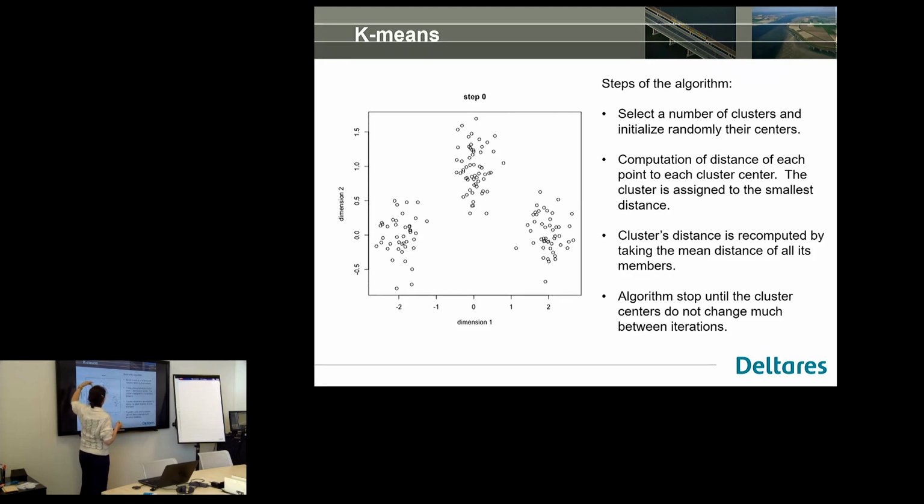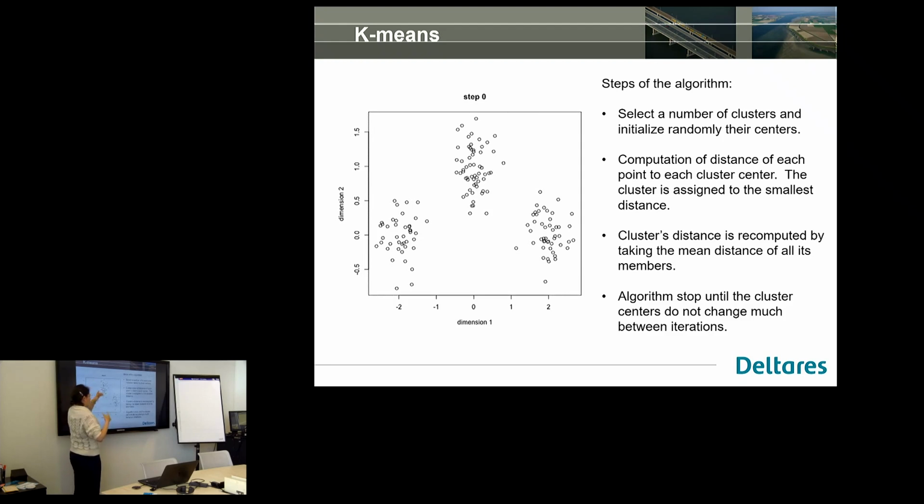What k-means does is that first you need to initialize with a certain number of clusters. So in this example you say, okay, let's start with 3. The algorithm is going to initialize the centers of the clusters at random, and then it's going to compute the distance of each of the observations. Each point here is an observation in your data set.